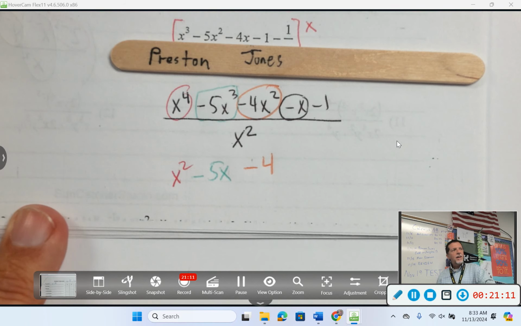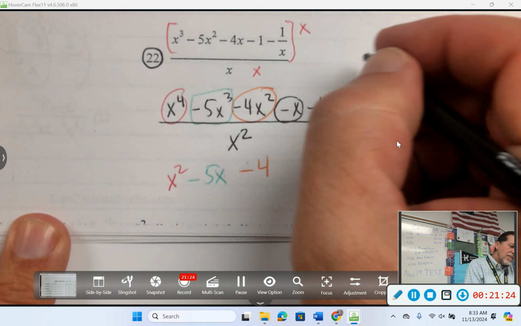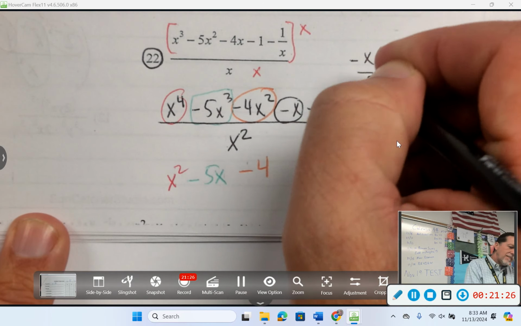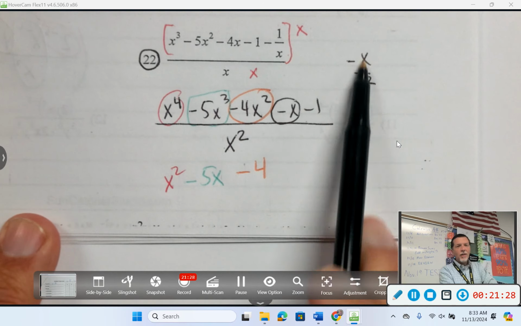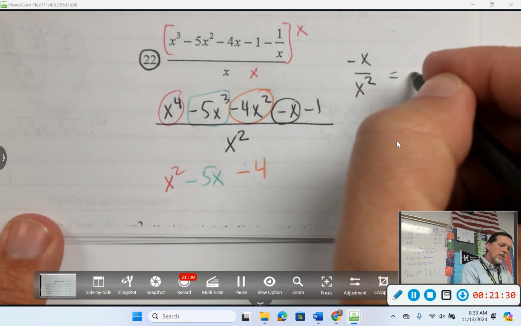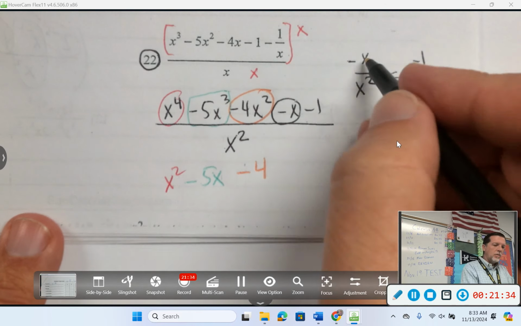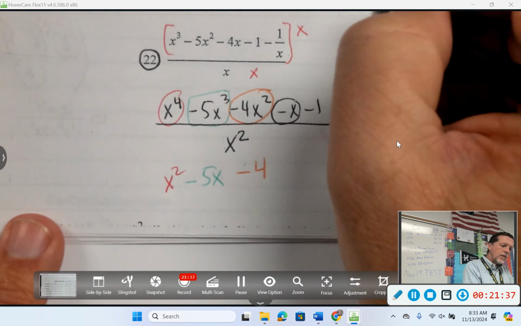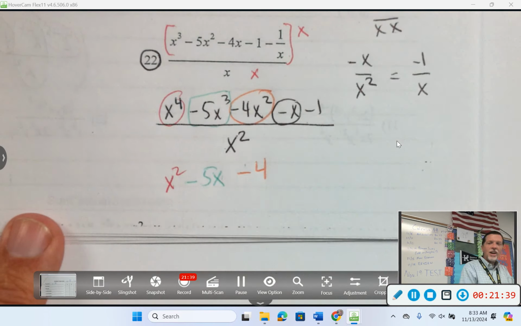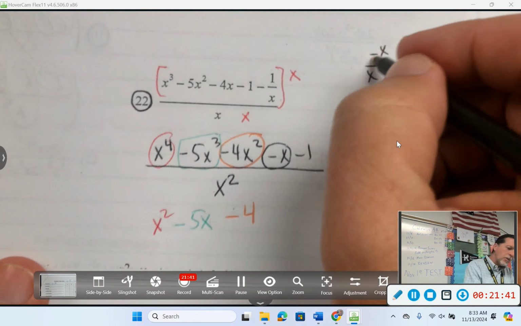One of the x's will cancel, and you'll be left with negative 1 in the top. Again, if you get stuck, write it all out, and then be like, oh, I can cancel an x.